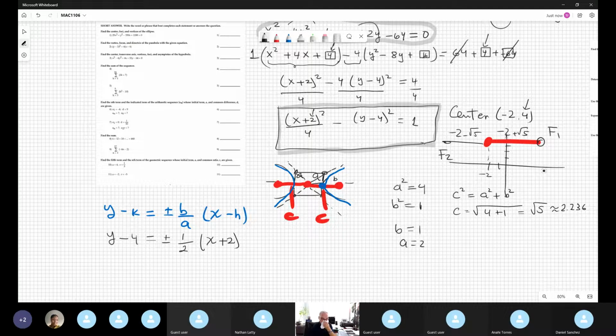You plug it into the equation, and the double negative becomes positive. This is the equation. The positive indicates the asymptote can have a positive slope, and the negative indicates the asymptote can have a negative slope. Positive, negative. Is it clear now?